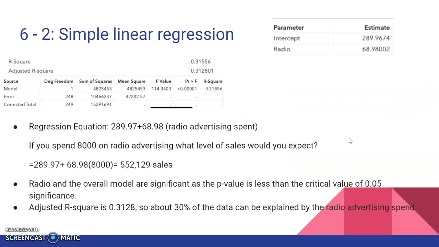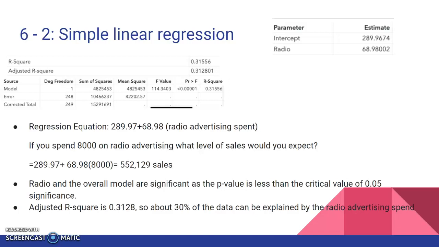Our second slide is the 6-2 simple linear regression slide. This has the R square and the adjusted R square values. It also consists of the source, degrees of freedom, sum of squares, mean square, F value, Pr greater than F value, and R square.